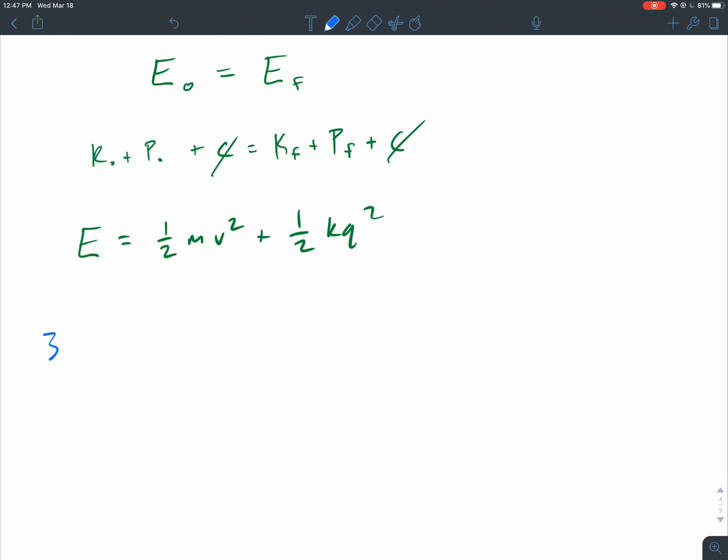And then this last thing is just an energy relationship. This shouldn't take too long, but it's very important.